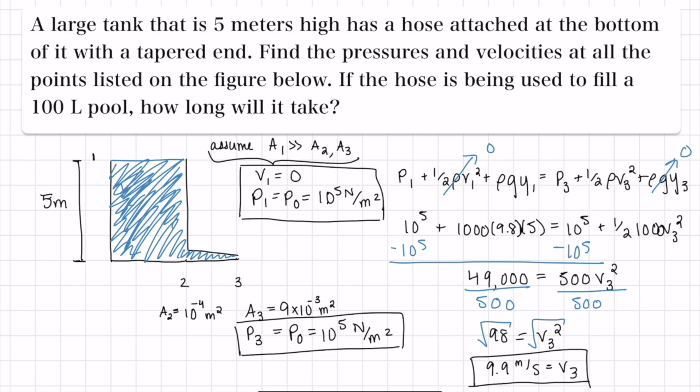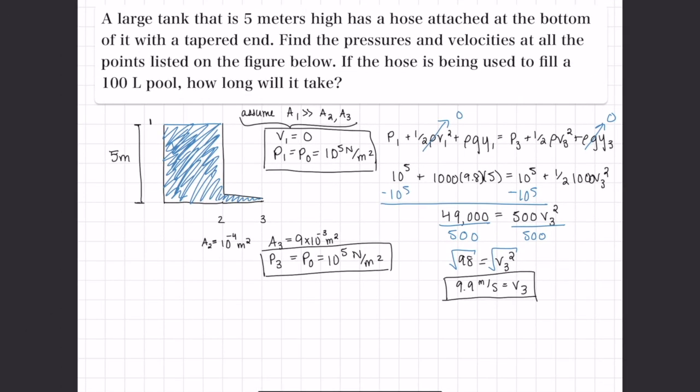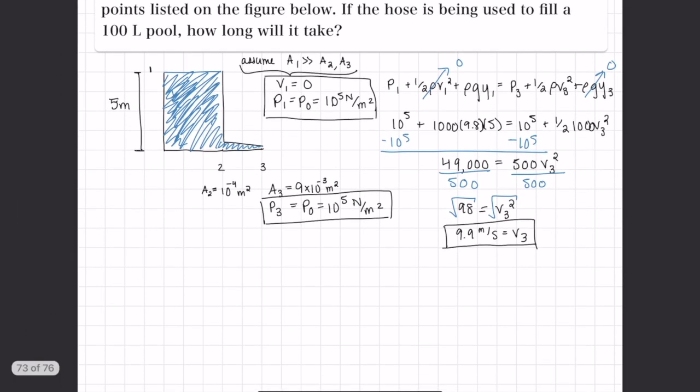Once we have that V3, I'm going to zoom out a little bit. Since we have A2 and A3, we can use the continuity equation to find what the velocity at point 2 is going to be.